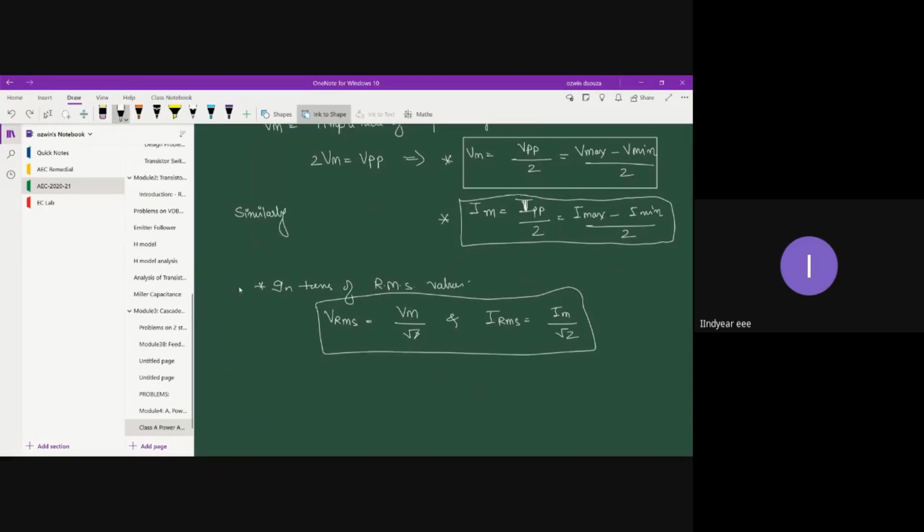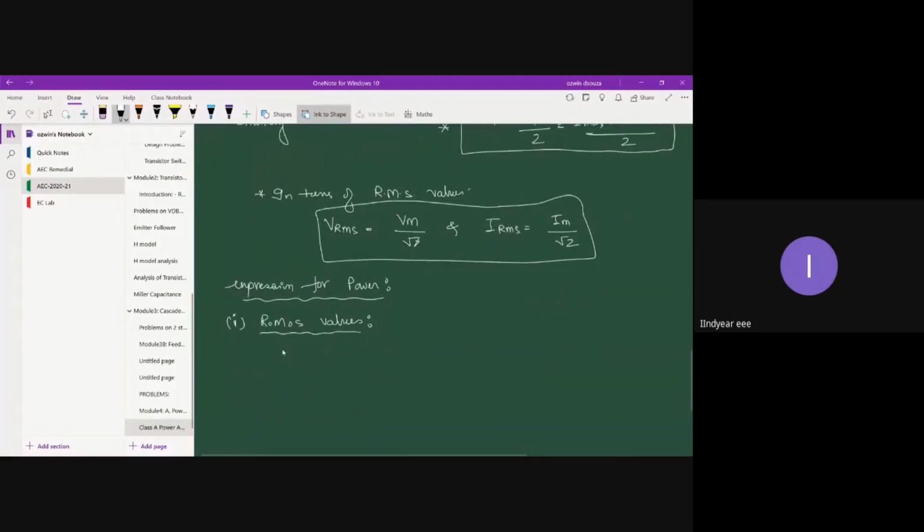And now you can write down the expression for power. First let me use the RMS values. So using RMS values, you can write the expression for power as P naught AC is equal to Vrms into Irms, right?